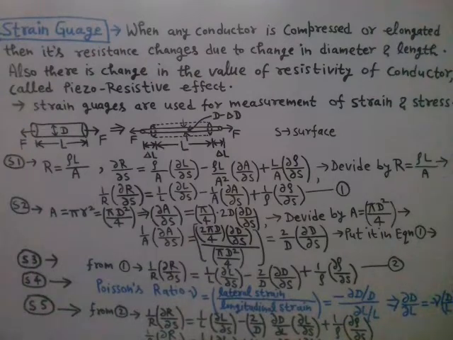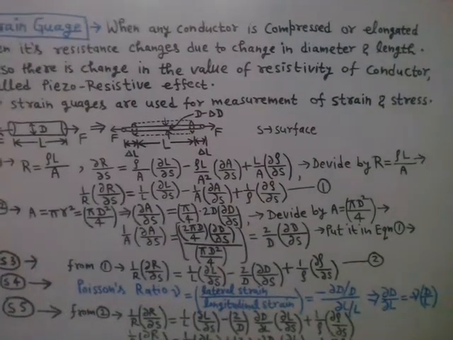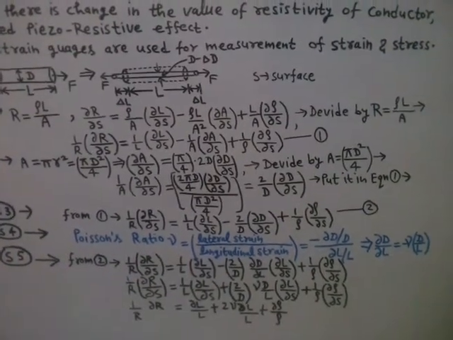So just ignore this del s, or you cancel out this del s in right hand side on left hand side. So you will get del R by R is equal to del L by L plus 2 Poisson's ratio del L by L plus del rho by rho, right?